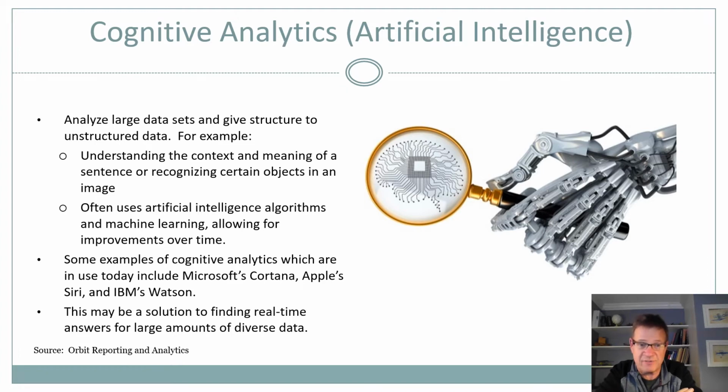So some examples of cognitive analytics used today include Microsoft's Cortana, Apple's Siri, and IBM's Watson. Those of you who have an iPhone, you've probably used Siri for different things, and you find that Siri gets more and more intelligent as time goes on, as it learns the different things that you're all trying to do. So this is getting into more of the cutting edge of what analytics is able to do for you.